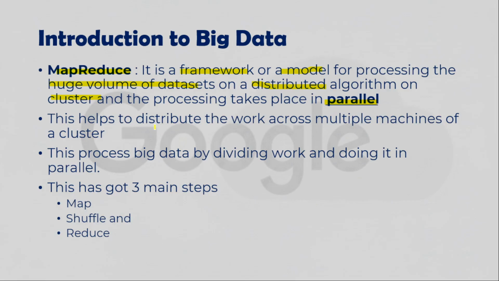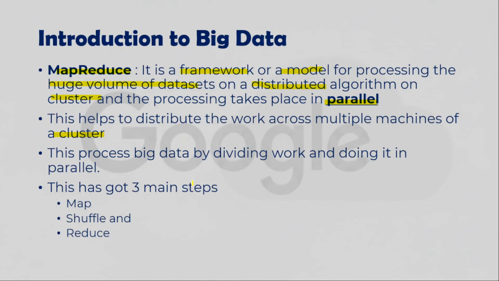So this helps distribute the work across multiple machines of a cluster. In a nutshell, you can think that there is one template, not standardized or defined or approved, but usually big data processing happens in this fashion. There is a huge task.